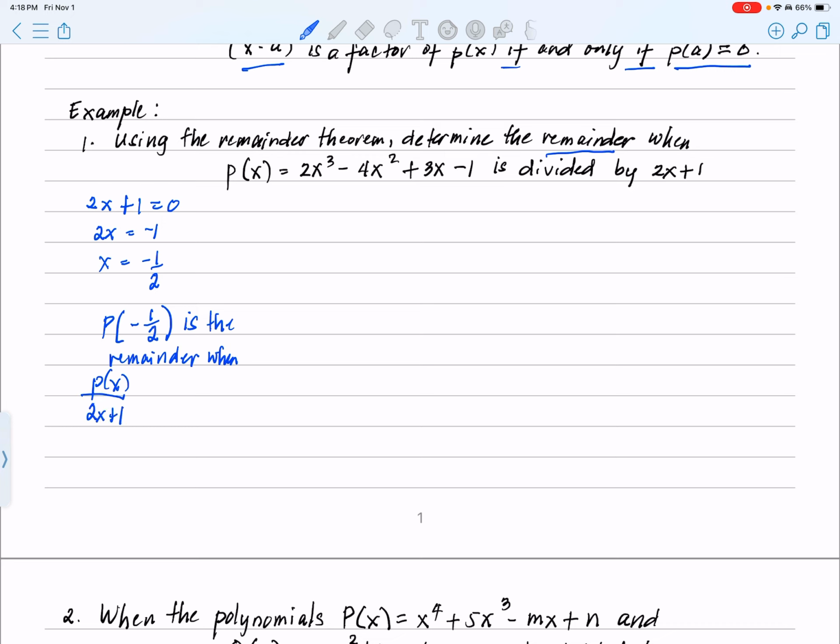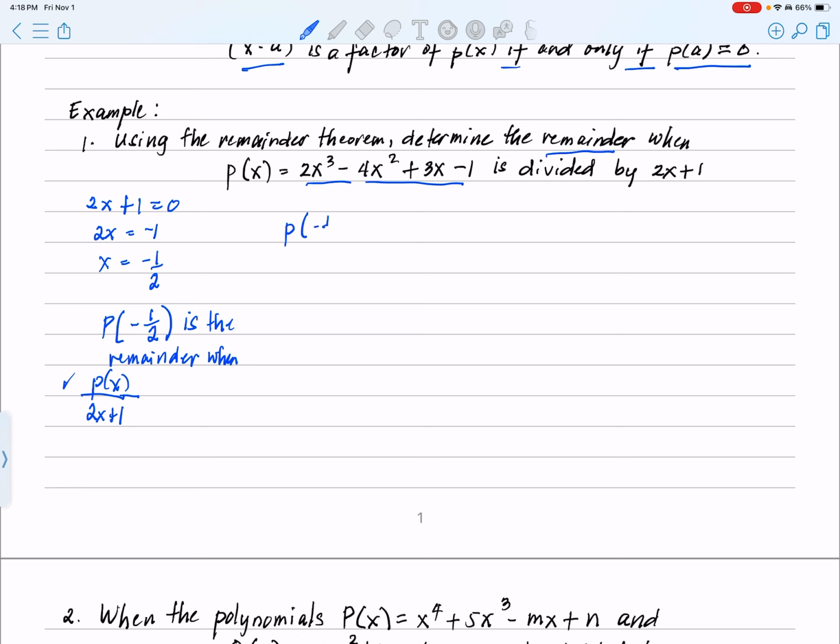I'm not writing it out like this, but when I say p of x, that is what I mean. Then what we're going to do is substitute.